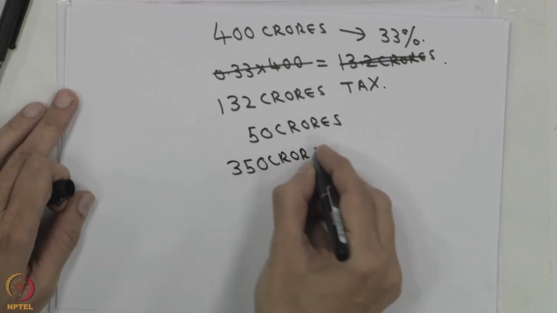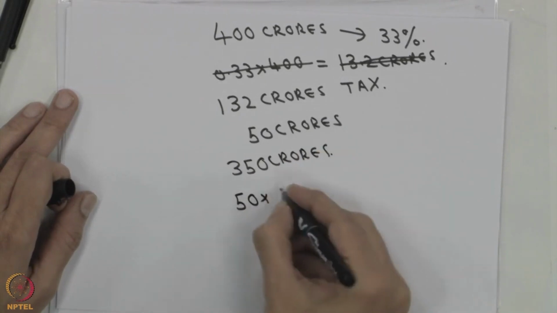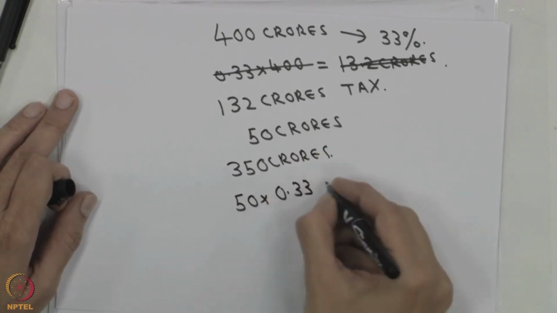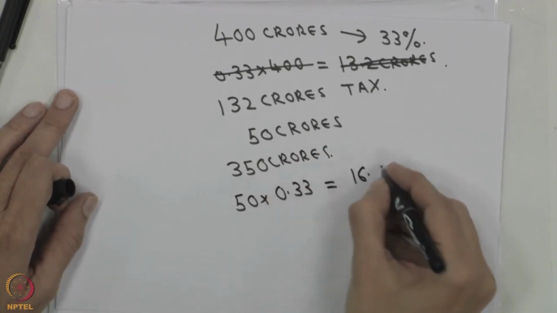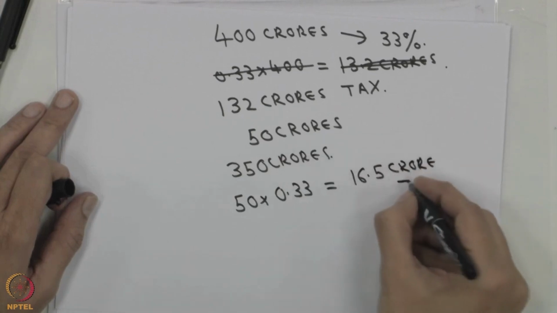So the net saving is 50 into the tax rate 0.33, which is 16.5 crore tax saving at the end of 1 year.